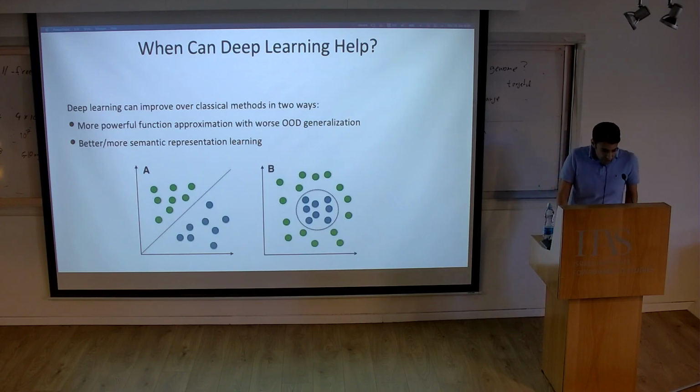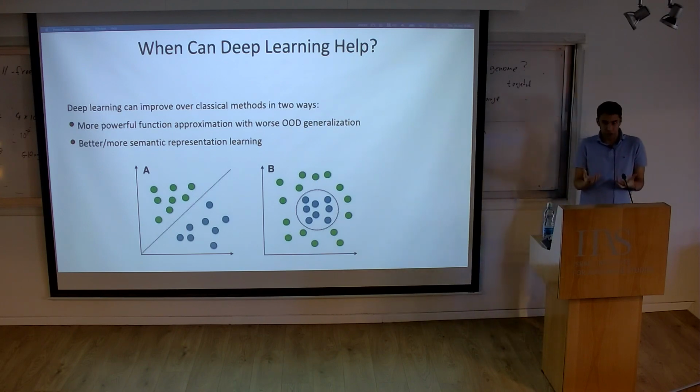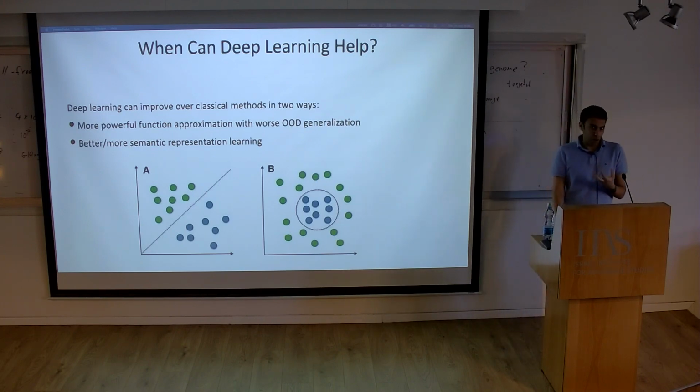The second way is that the representations which come out of deep encoders are more semantic, and they would be better at encoding the kind of things that would be correlated with the factors that would make things anomalous. This is going to be the main direction that I'll take here, so I'm going to elaborate on that a lot more.